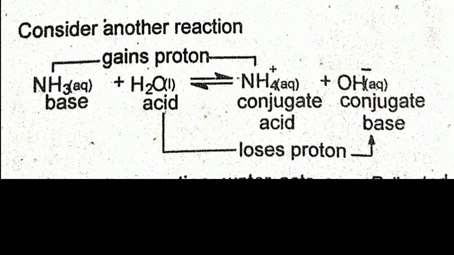So, H2O acts as an acid and NH3 accepts that H+ ion, so it acts as a base. And on the product side, NH4+ is formed by accepting a proton, so it is known as the conjugate acid, and OH- is formed by losing a proton, H+ ion, so it is known as the conjugate base.